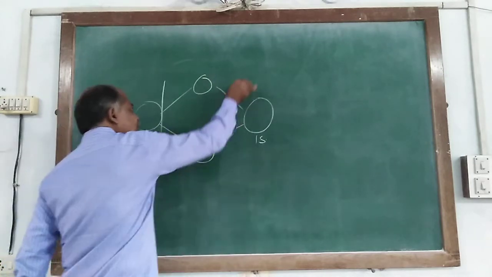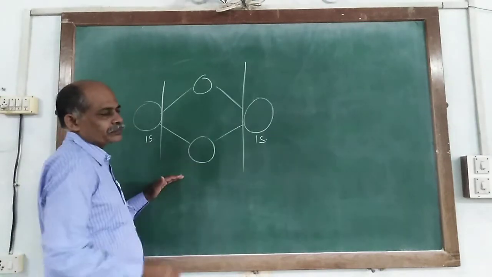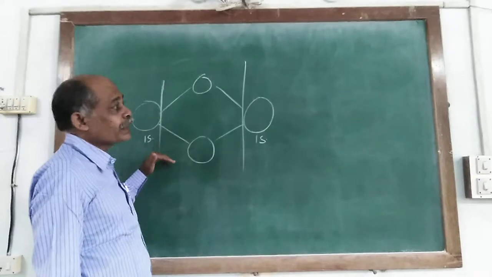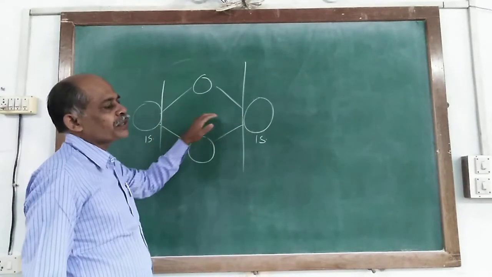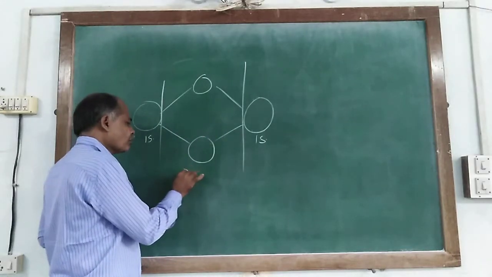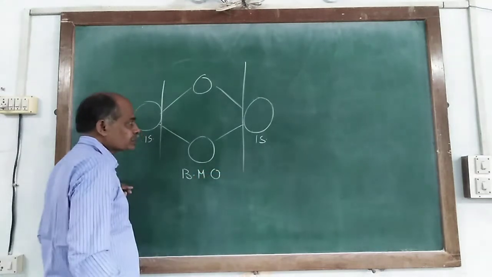From them, half, having energy less than the combining atomic orbitals, is known as a bonding molecular orbital.